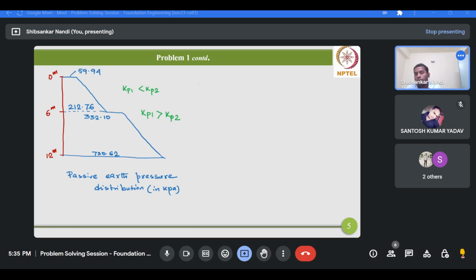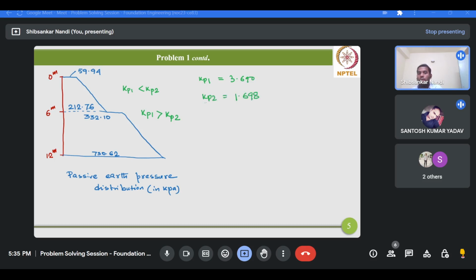Since we don't know about these two values, it will be difficult to conclude at this moment. So can you please give some example for kp1 and kp2 values? Okay, we are taking the reverse way. So kp1 we are taking as 3.690 and kp2 as 1.698.